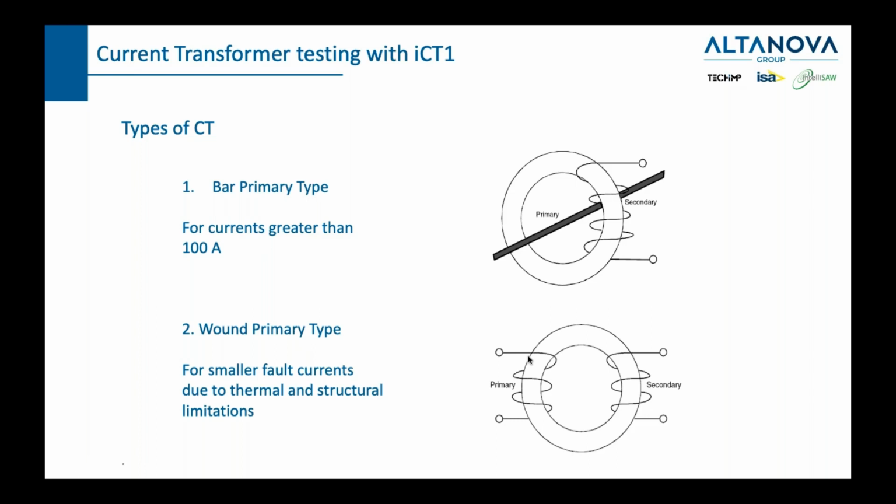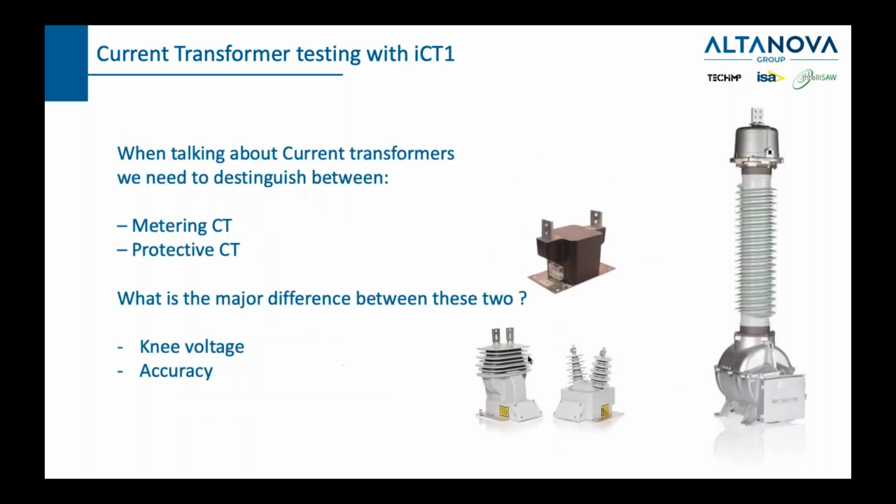Now, these two types are from the point of view of construction, but a more important differentiation when it comes to transformers comes from the functionality of that transformer. I'm sure all of you have heard about the metering CT and the protective CT, and they're both CTs.